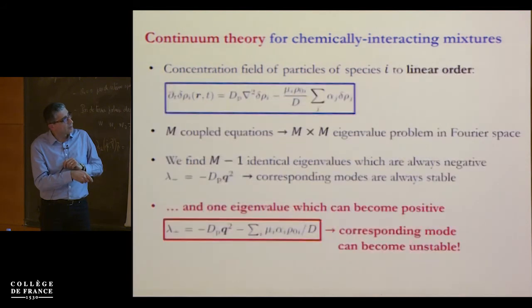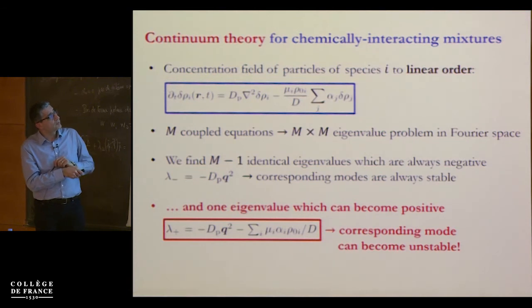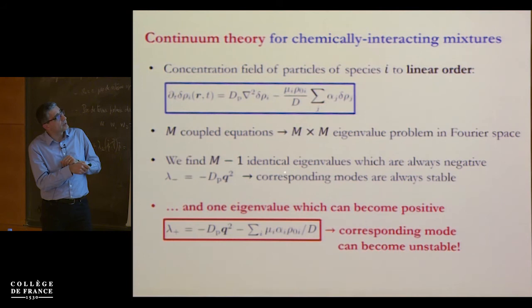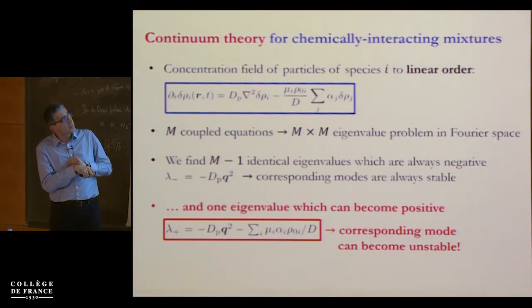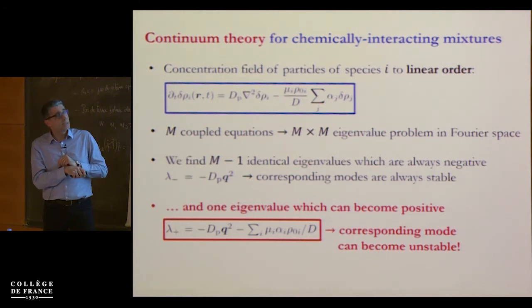And then if you look at the stationary state, by using basic analysis of the modes, you would find that M-1 of the eigenvalues of the matrix that you find from this dynamics are going to be essentially diffusive, and there is one mode which is diffusive with an added constant.